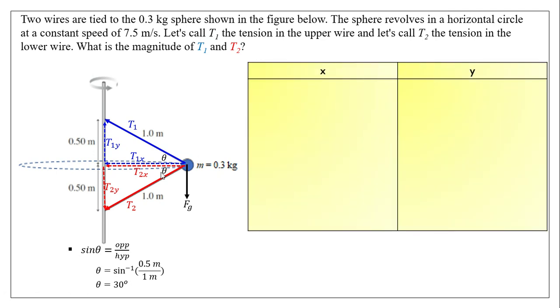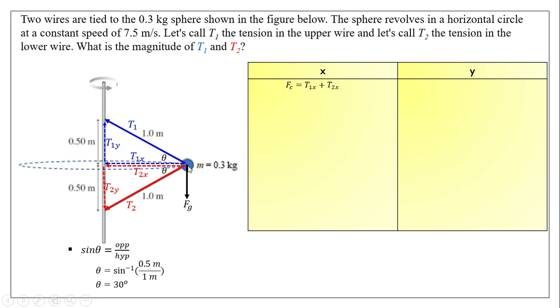Now, let's go ahead and find T1 and T2. In no particular order, it's up to you if you want to find T2 first and then T1, or T1 first and then T2. I'm just going to make these true statements, and if you make these true statements, it doesn't really matter which one you find first. I'm going to say that the centripetal force for this particular system is composed of T1x and T2x.